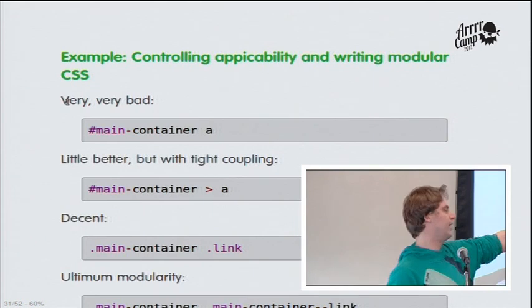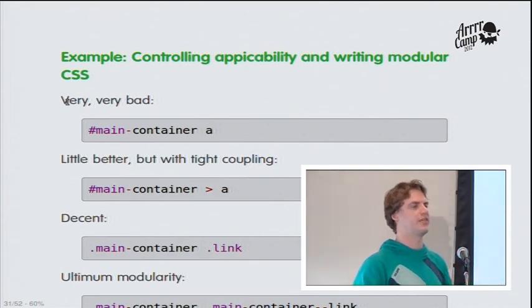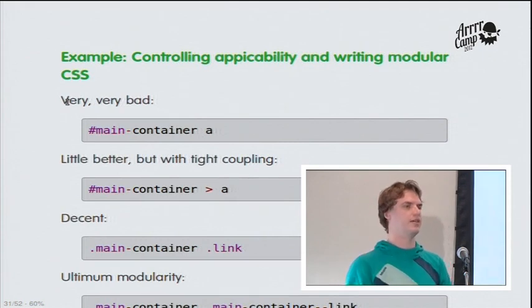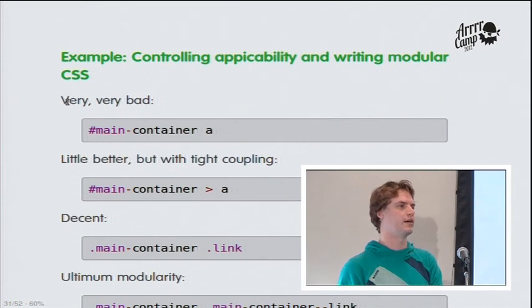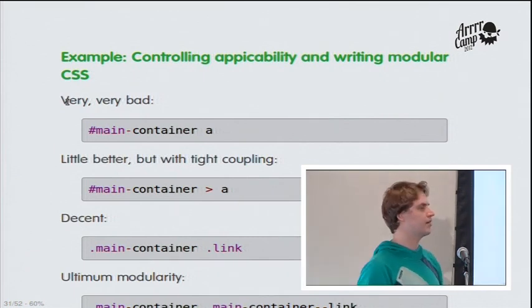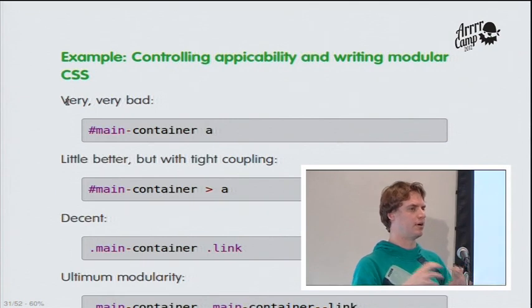Because a class like link is a pretty generic class. So if we use something else somewhere in our main container that also specifies a link class, these styles are also going to bleed into there. And by namespacing our classes like that, we can really control that they are only going to apply to that part of the site that we're worried about.